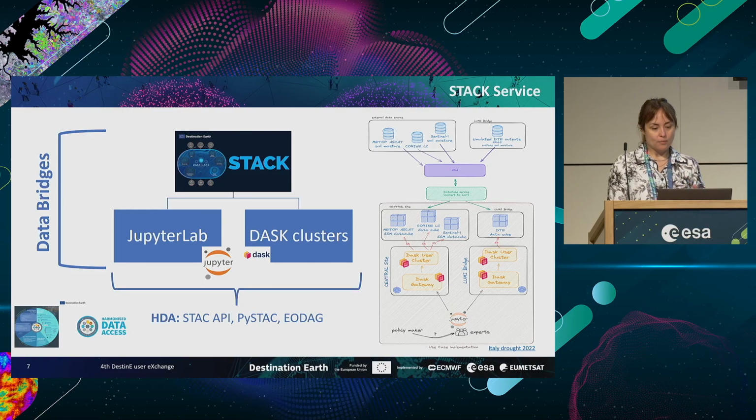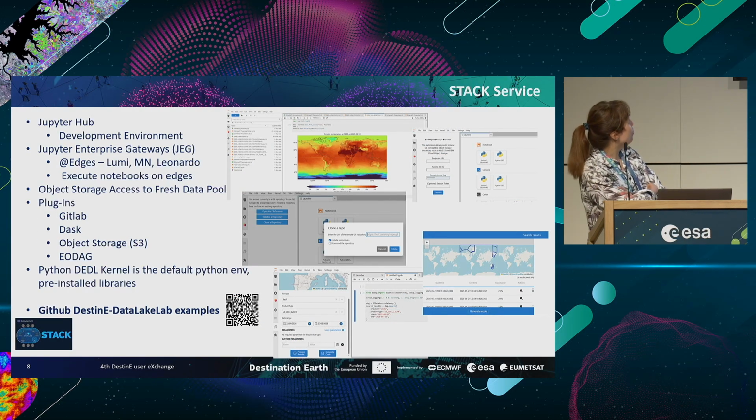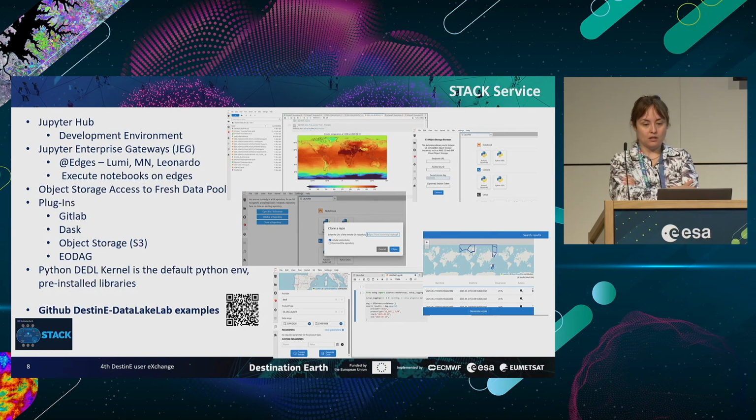In this environment, you can access our HDA in multiple ways: directly via the API, via PySTAC, and via the EODAG client. The Jupyter Enterprise Gateway, deployed everywhere, allows you to run processing near the data of interest, either on the bridges or on the central location if you are interested in federated data, for example the Sentinels.